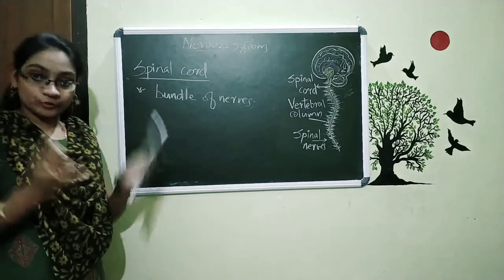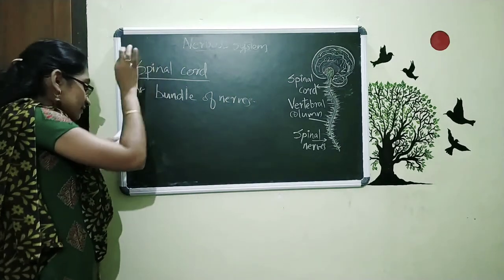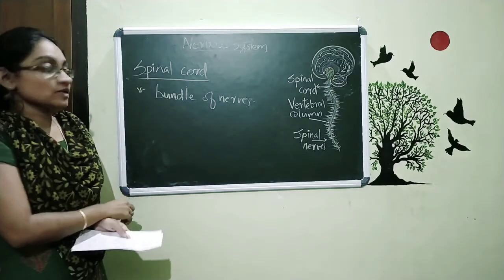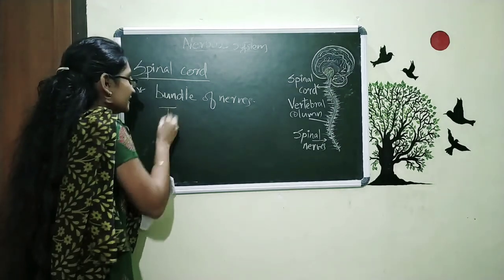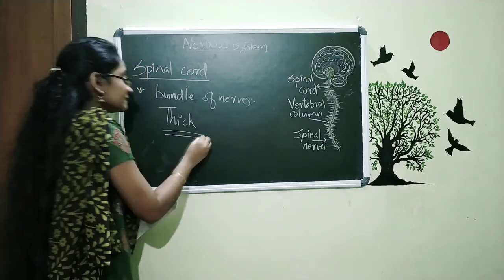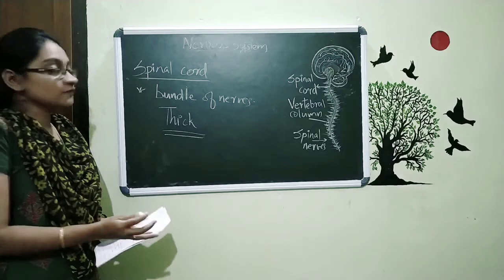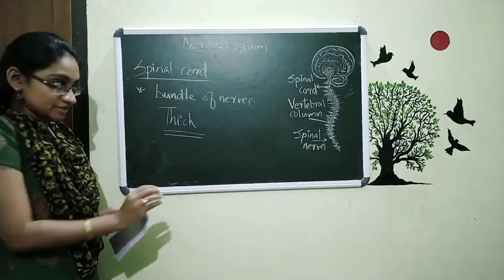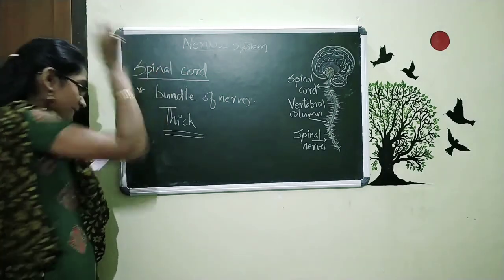Bundle means a group. So the spinal cord is a thick bundle of nerves, which means that we have a group of nerves that are together. That is the spinal cord.